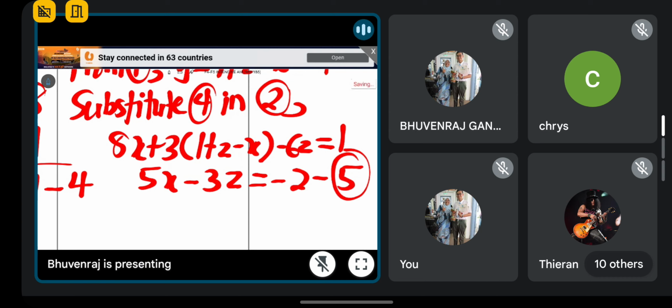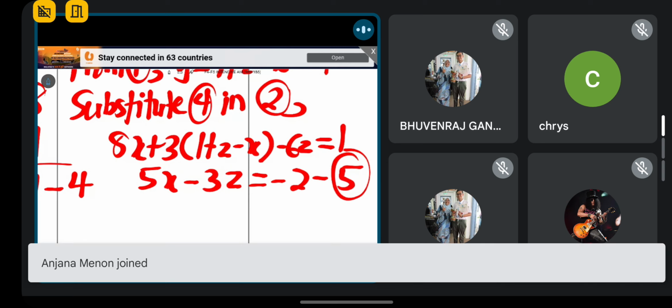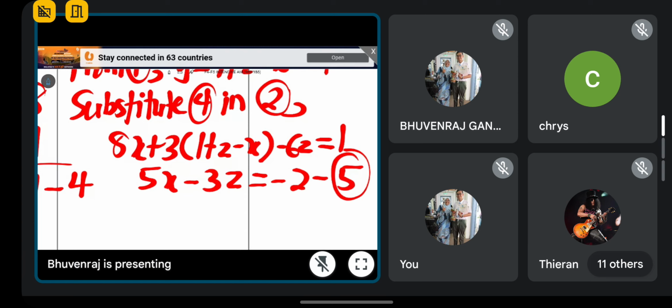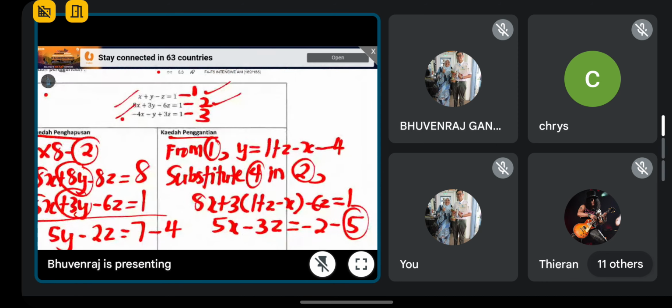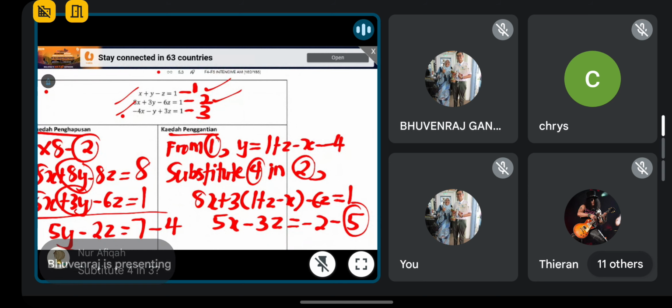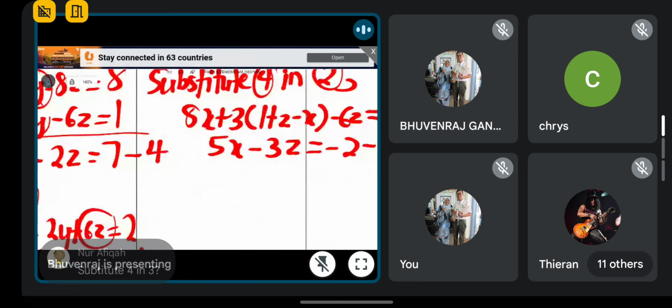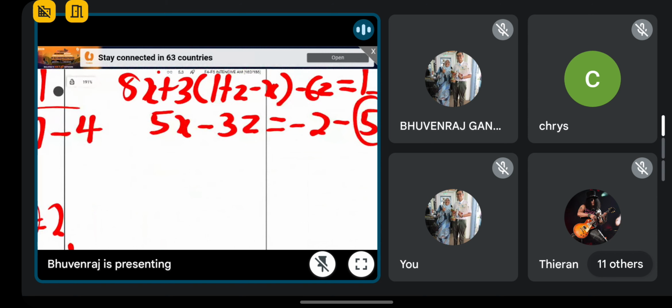After I substitute 4 in 2, then what should I do? Try to think and see guys. Cuba fikir. Apa saya nak buat sekarang? Cuba lihat soalan. Try to see the question. What should I do? Saya dah gantikan 4 dalam 2. Yes, correct Afika. Betul. Substitute 4 in 3. Kamu pilih satu lagi persamaan untuk gantikan. You put substitute 4 in 3.